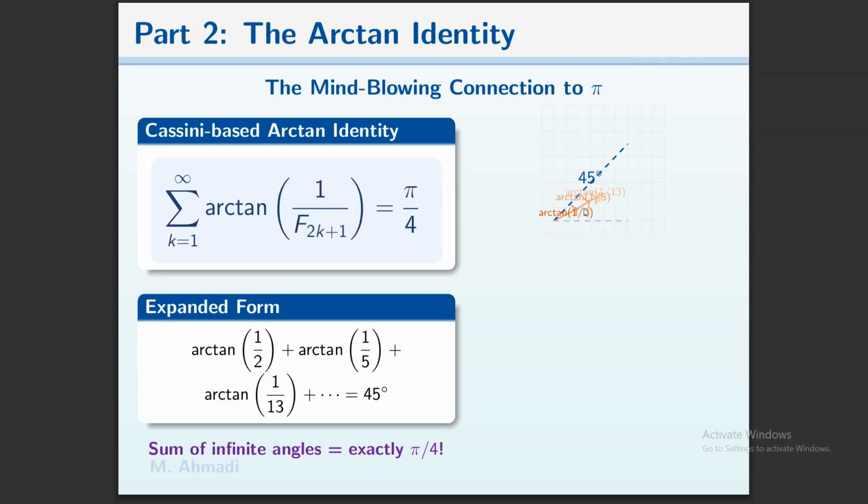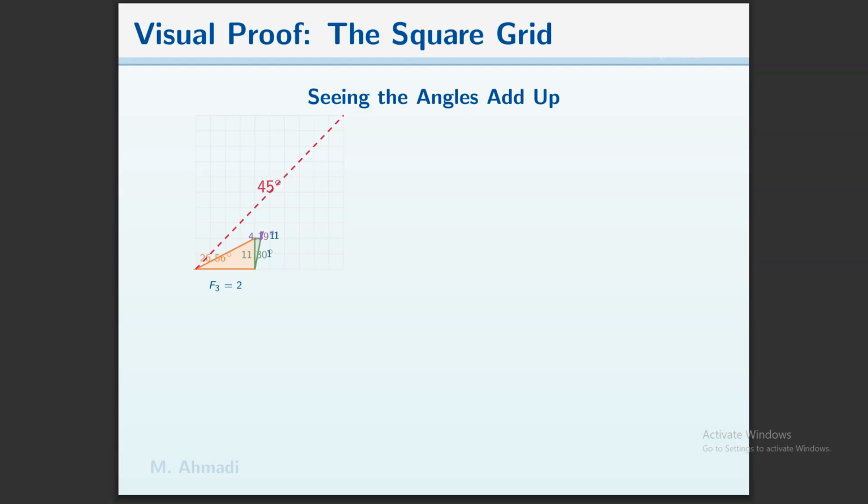Here we can see some of these different angles that start from a value, and the summation of all of them will be equal to pi over 4.